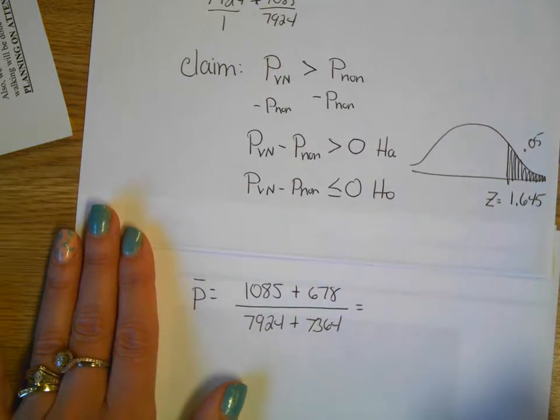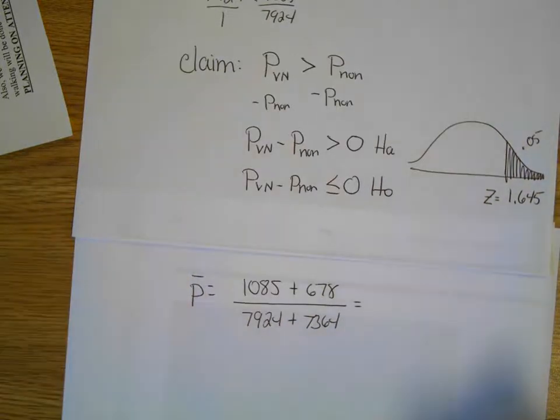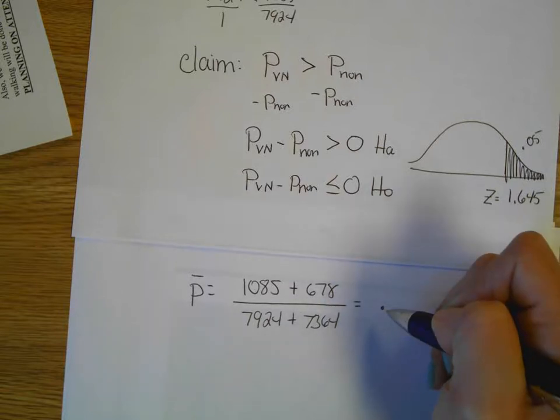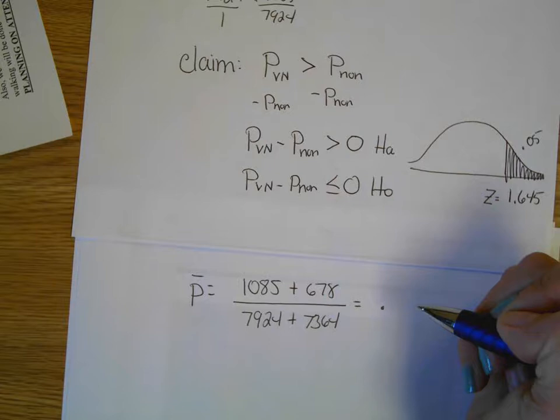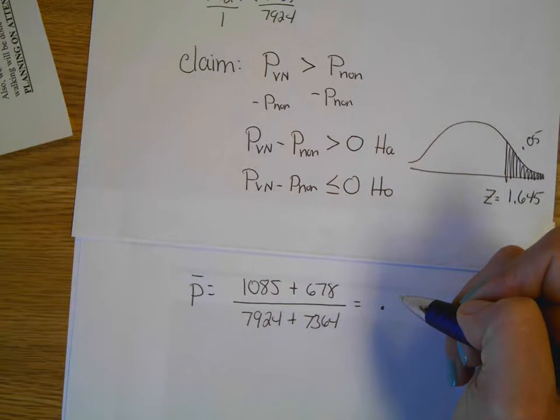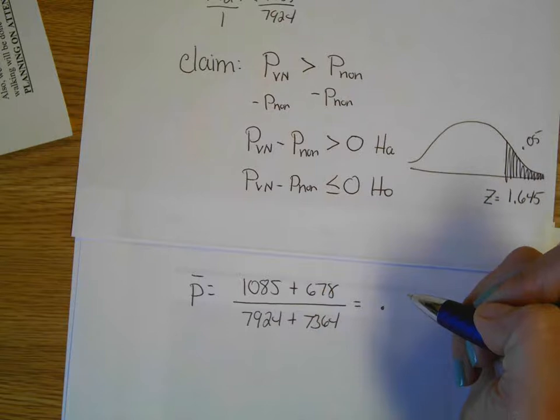If you want to go with a decimal here, that'd be fine. Let's go 3 places on the decimal. It'll make your life a little easier to go into decimals than keep them in fractions.